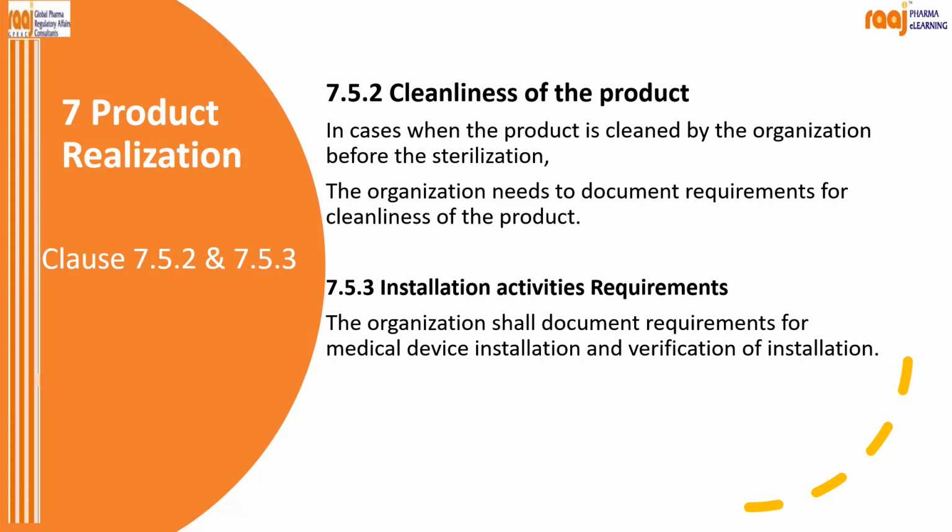If this clause is not applicable, you can write it in the exclusion criteria in the quality manual. If your device is not an equipment which has to be installed, then this clause will not be applicable. If it is applicable, then you have to document the requirements for installation verification.